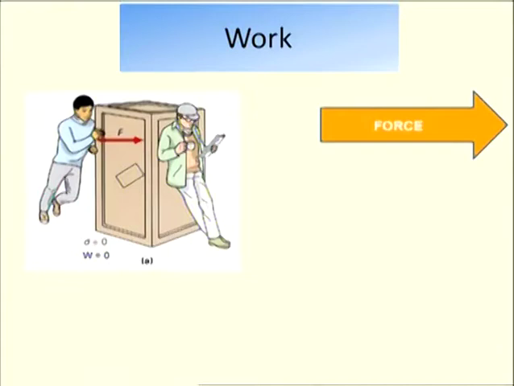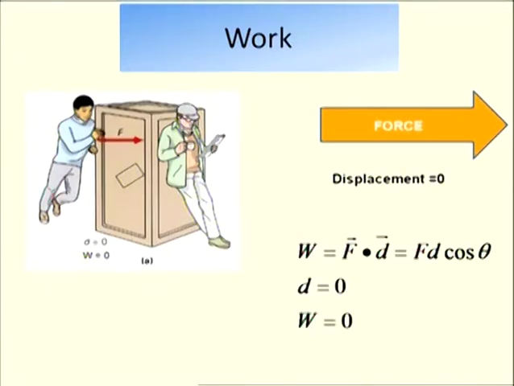Force is in this direction, displacement is 0. So W = F·d = Fd cos theta, and d is equal to 0, so work done is 0. Even though we are applying the force, displacement is 0, so there is no work done.